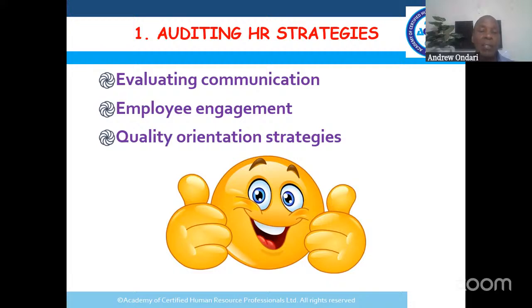So as I open the next slide, the first aspect that we shall look at is evaluating communication, and then we move to employee engagement, and lastly, quality, in that order.